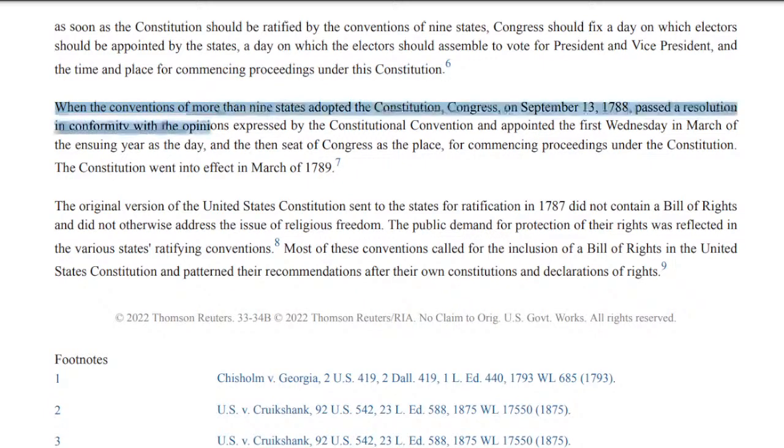When the conventions of more than 9 states adopted the Constitution, Congress on September 13, 1788, passed a resolution in conformity with the opinions expressed by the Constitutional Convention and appointed the first Wednesday in March of the ensuing year as the day, and then set the seat of Congress as the place for commencing proceedings under the Constitution. The Constitution went into effect in March of 1789.